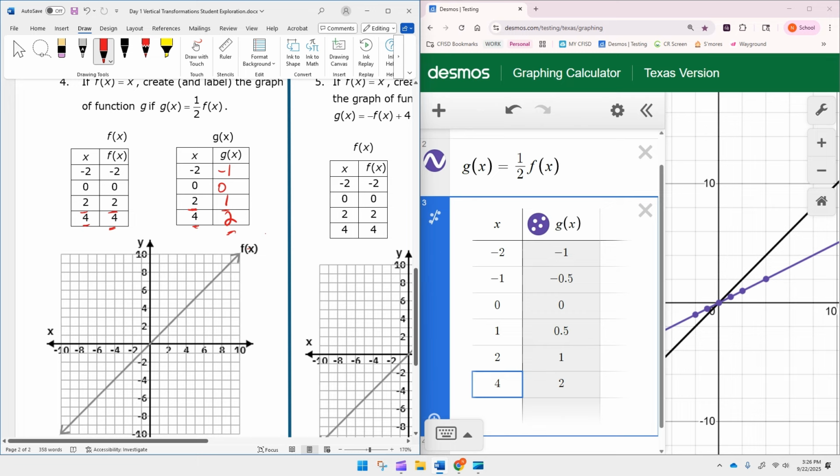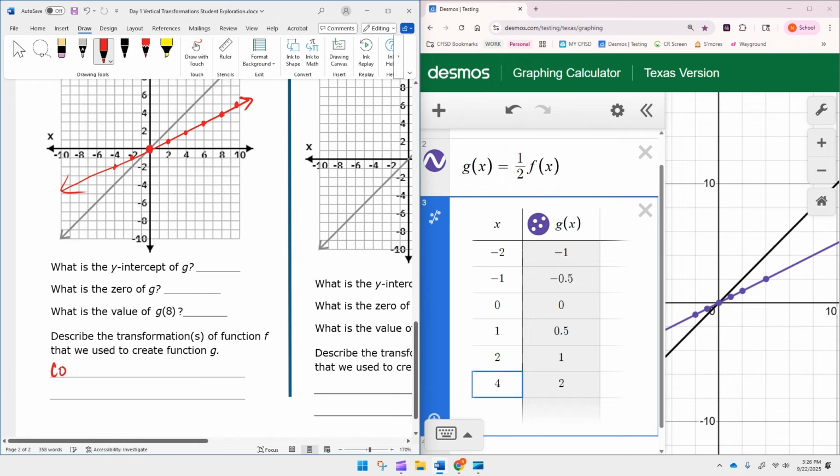So now we still have the same y-intercept, but now we're less steep. Our slope is now 1/2. It's half of the steepness of the original one.